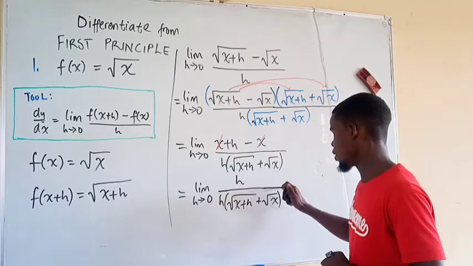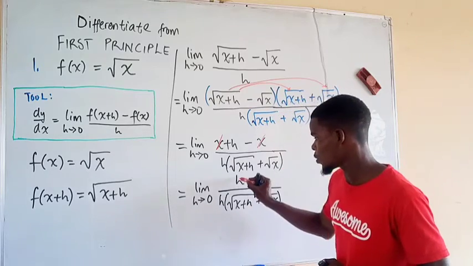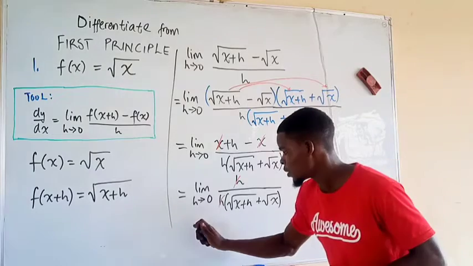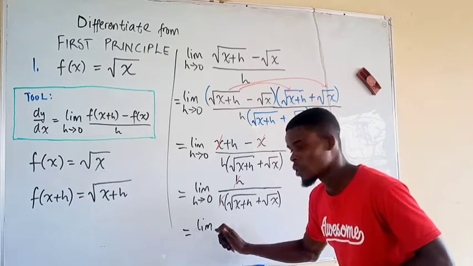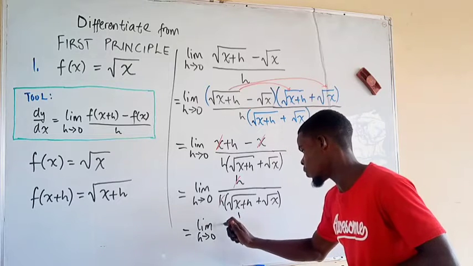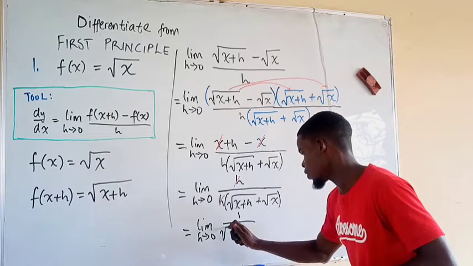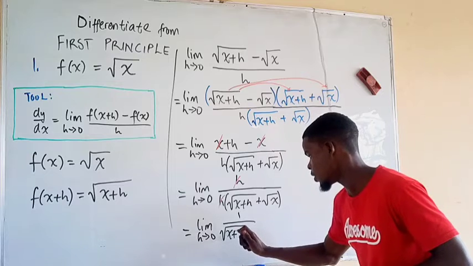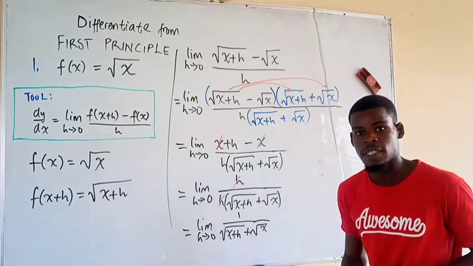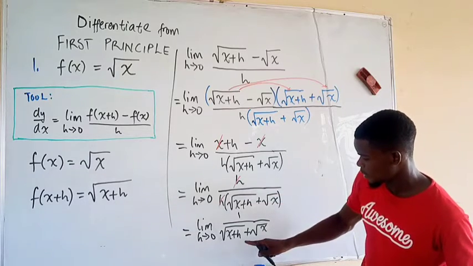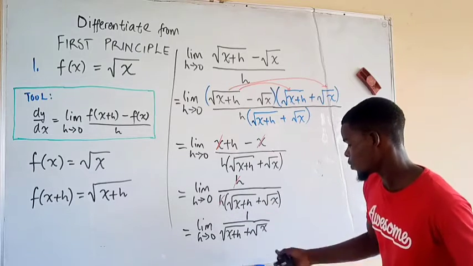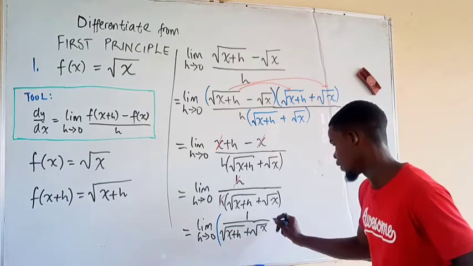And now you see that this h and this h will cancel out, all right, leaving us with the limit as h tends to 0 of 1 divided by the square root of x plus h, then plus the square root of x. Good. That is very nice. That is, this h and this h cancel, and we have this, right?